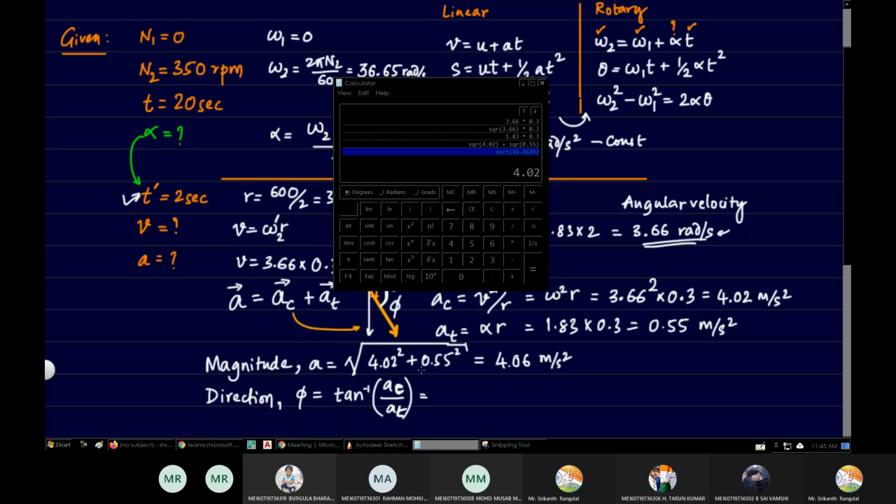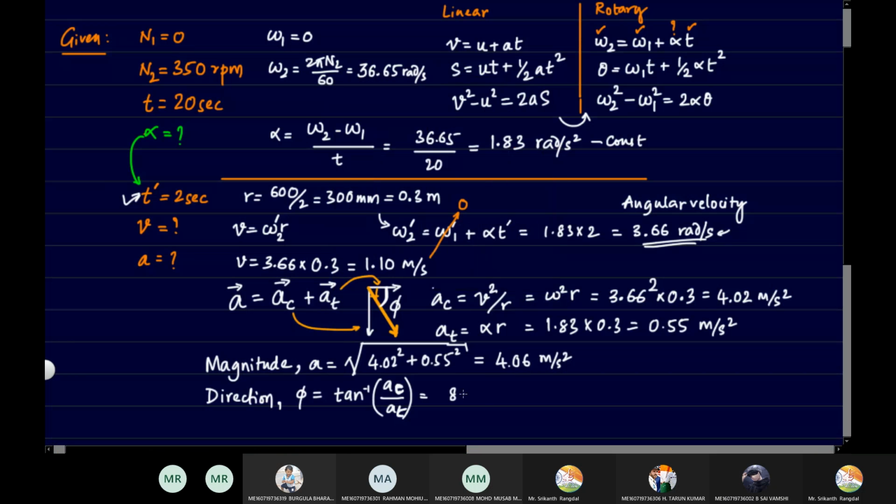So centripetal is 4.02 divided by 0.55, so inverse tan gives 82.21 degrees. So this is the total acceleration, and this is the angle from tangent.